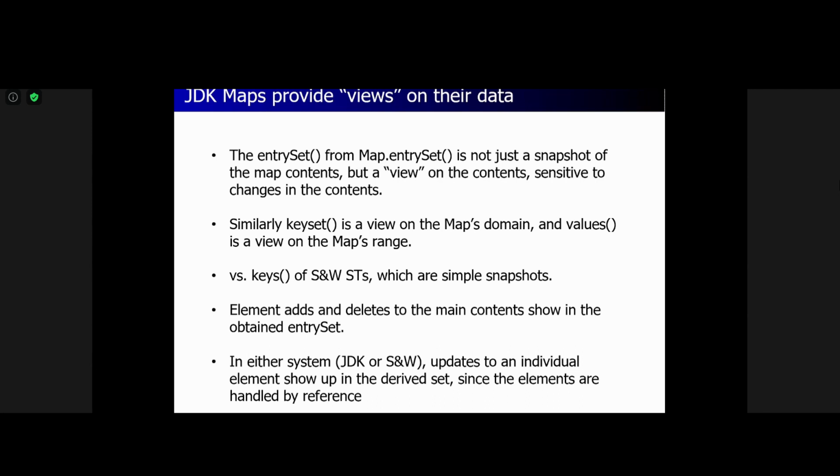Adds and deletes. Now, if you just change an element, that wouldn't be different in the two things. If we update an individual element, that would show up in the derived set from keys or key set because the elements are all handled by reference.